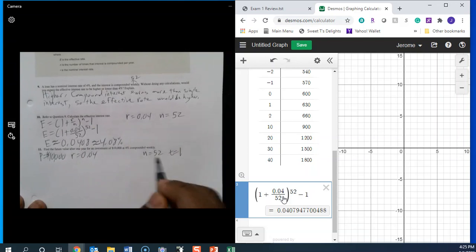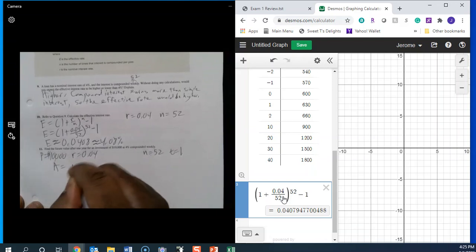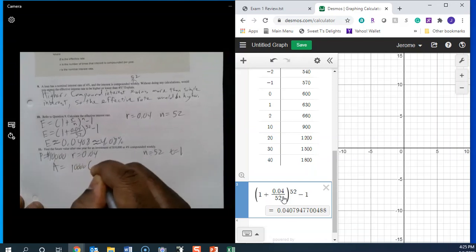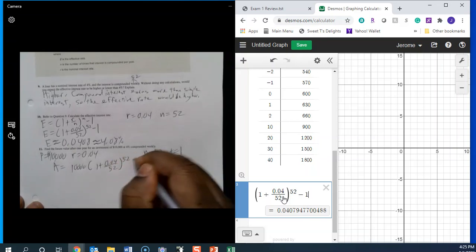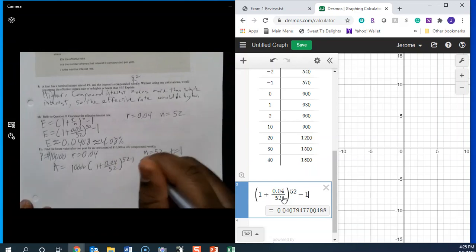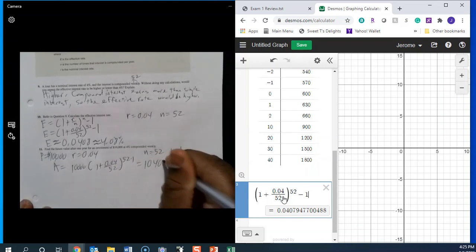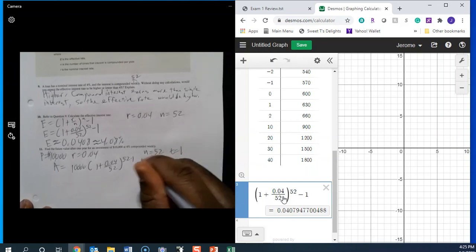The N is 52, and the T is equal to 1. So A is equal to 10,000 times 1 plus 0.04 over 52 to the 52nd times 1 power, which is just 52. And that would give us $10,477.95.